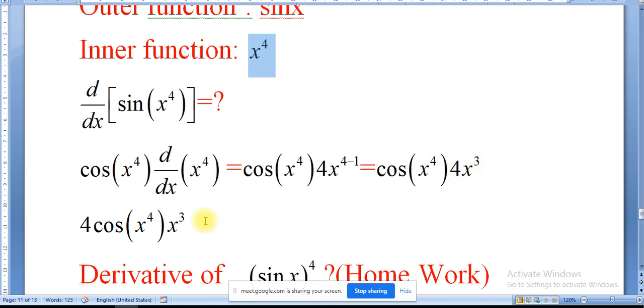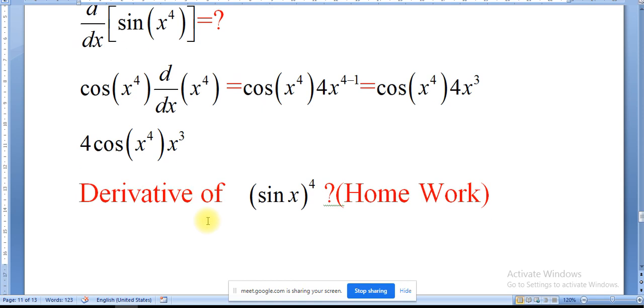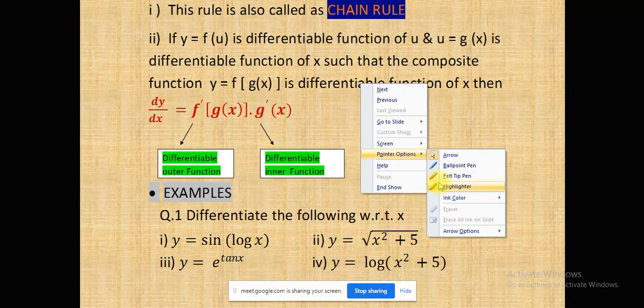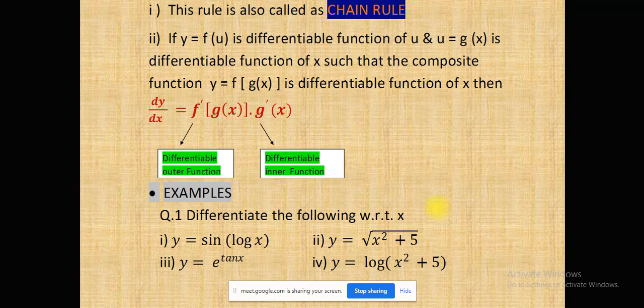We have done something like this, and I had asked you to complete this as homework, and a few more sums I had given. The last time I had asked you to do these 4 sums for homework. One of them was y is equal to sine of log x, which we had already done.